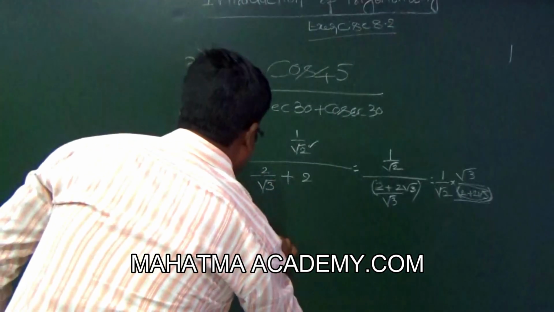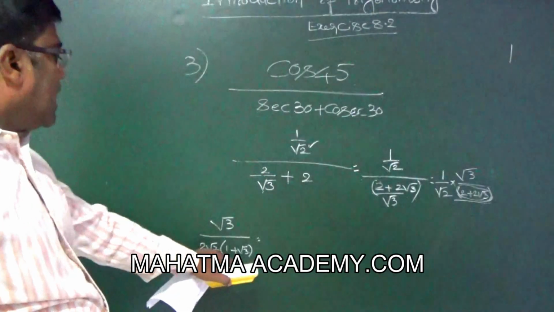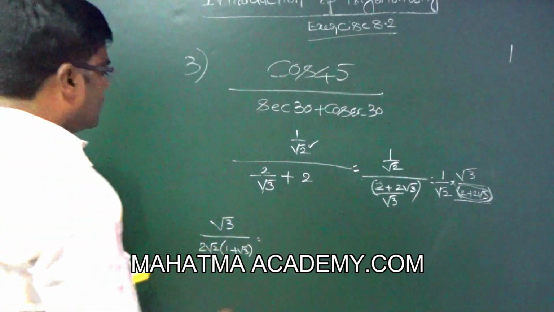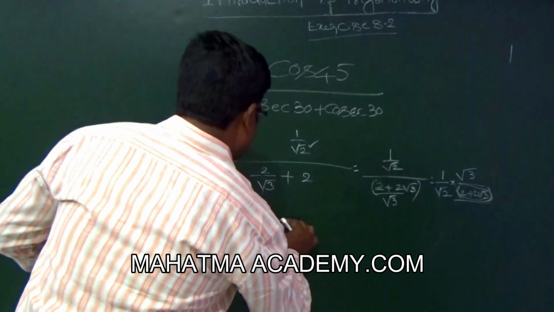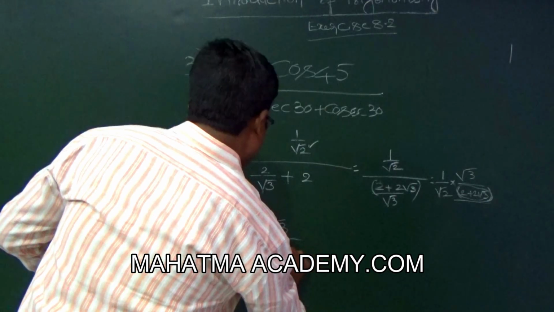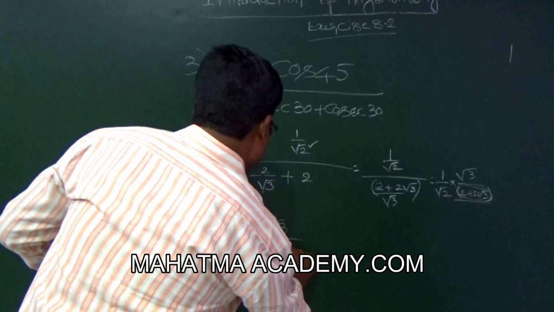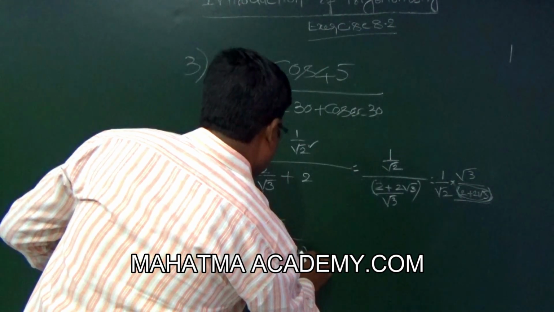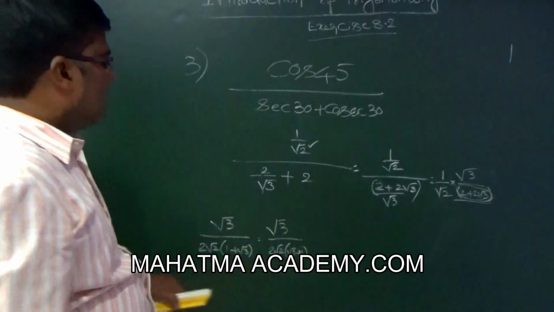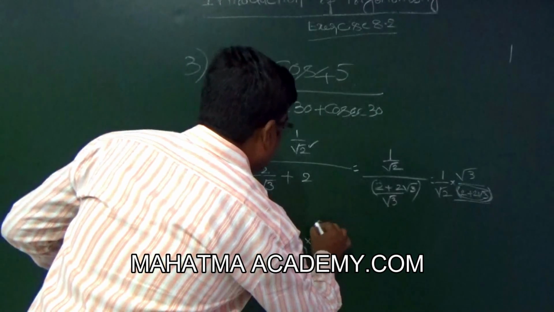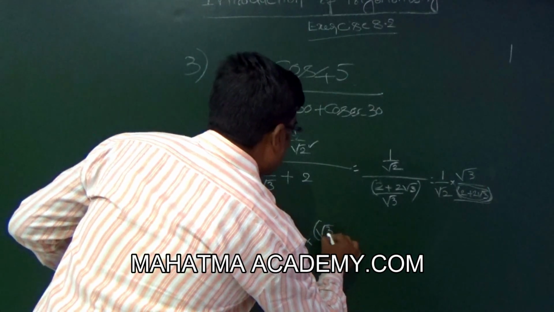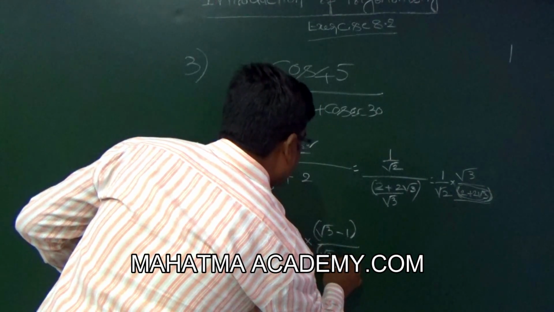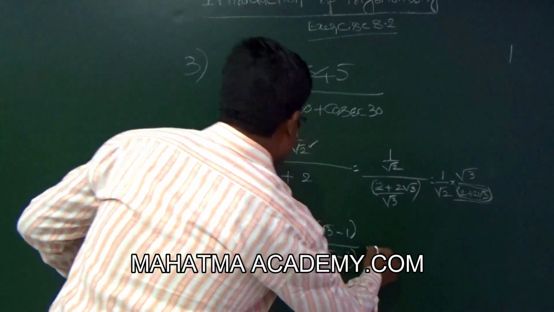Simplify this one. Numerator and denominator multiplied with root 3 minus 1.